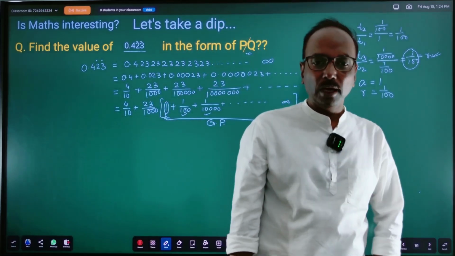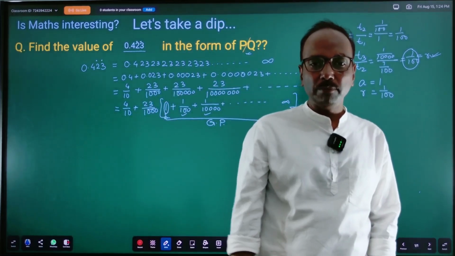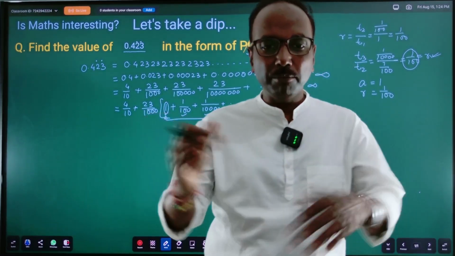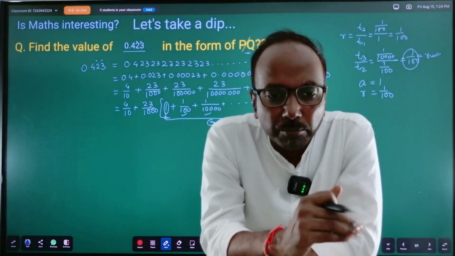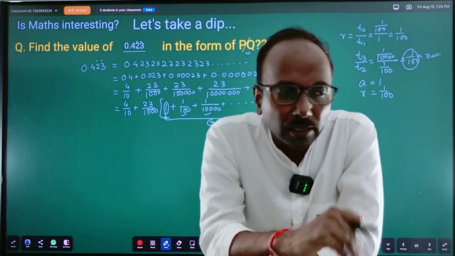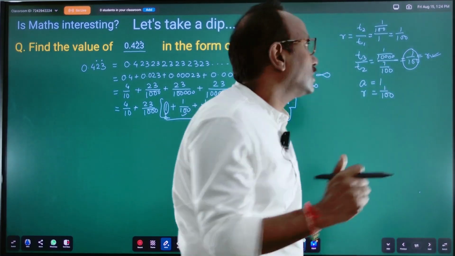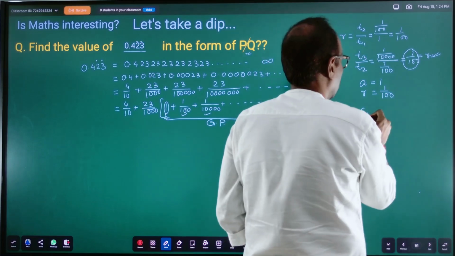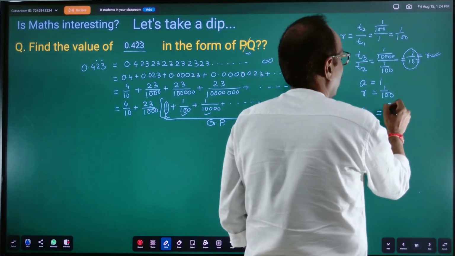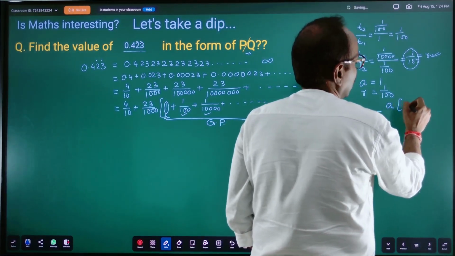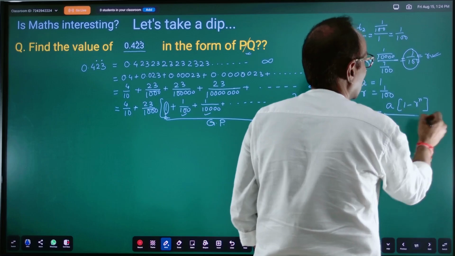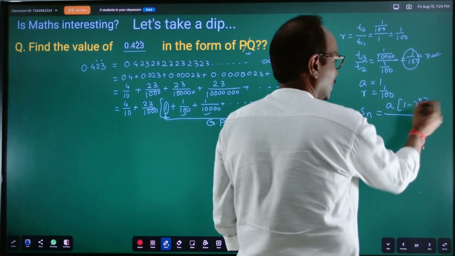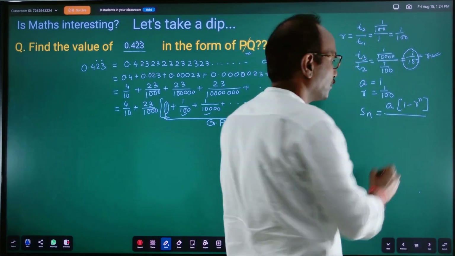We have a formula for geometrical progression. If you have n numbers in a geometrical progression, the sum of those n numbers is equal to the first term into bracket 1 minus common ratio to the power n, because there are n terms involved.